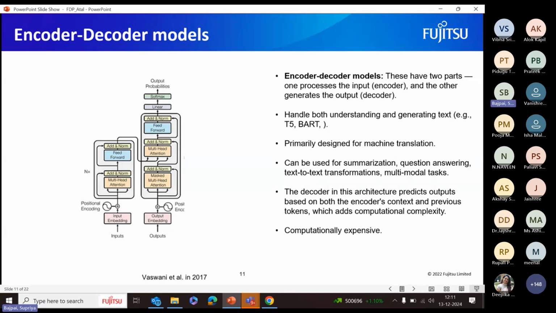So why are they not as popular as the decoder only models? Because they are computationally expensive. Why? Because they have the encoder.